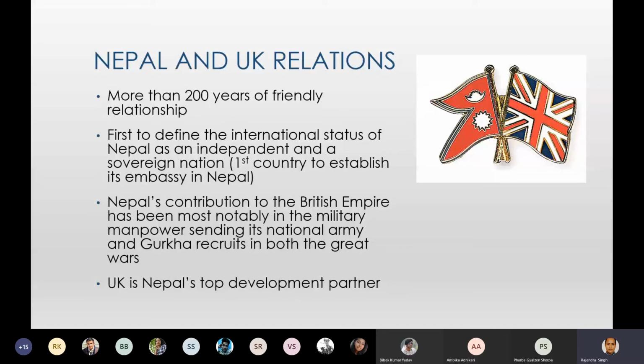So when we talk about the contribution from Nepal to the United Kingdom, Nepal actually contributed a lot to the British Empire during the two great world wars, right? During the First World War, Nepal sent almost 200,000 men to fight against the countries fighting against Great Britain and the United States.